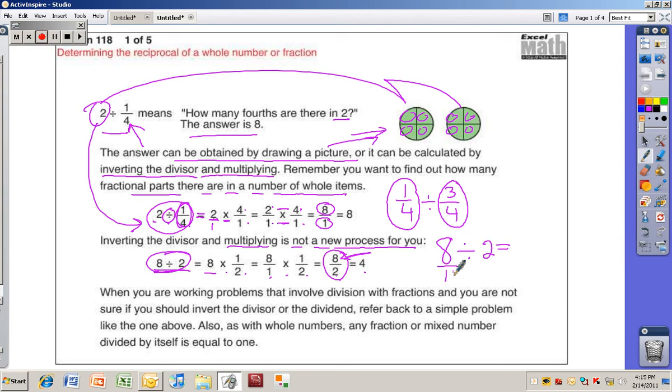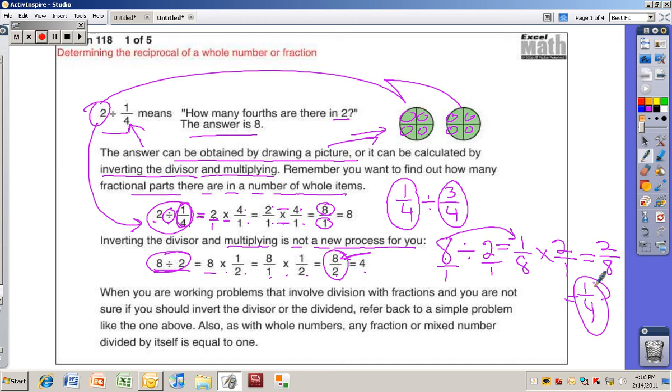Let's write this as a fraction problem and see which one I flip. Let's do it the wrong way first. Let's flip the first fraction, 8 over 1, and do it 1/8 times 2 over 1. 2 times 1 is 2. 8 times 1 is 8. And so that reduces to 1/4. That means that 8 divided by 2 is equal to 1/4.